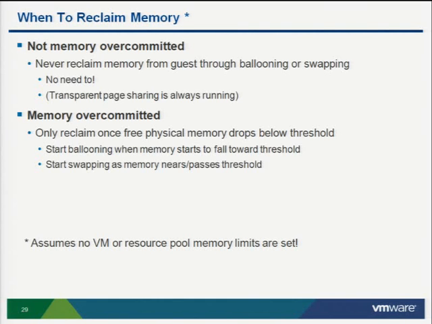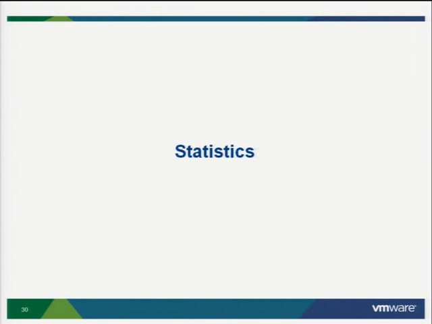As we said, ballooning takes a little bit of time, so we kick it off a little bit early. Now, if ballooning is not able to get things done, then we kick in swapping as a last resort as the free memory passes the threshold. So, that's a little bit about the background, the concepts.